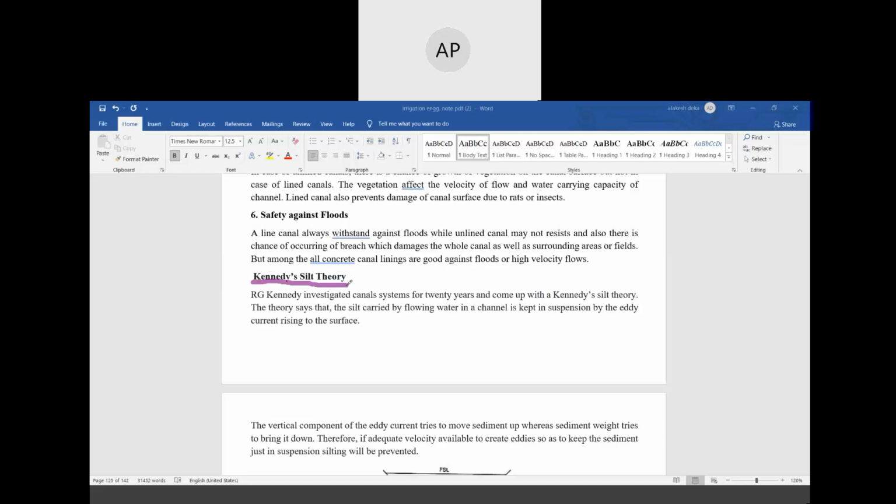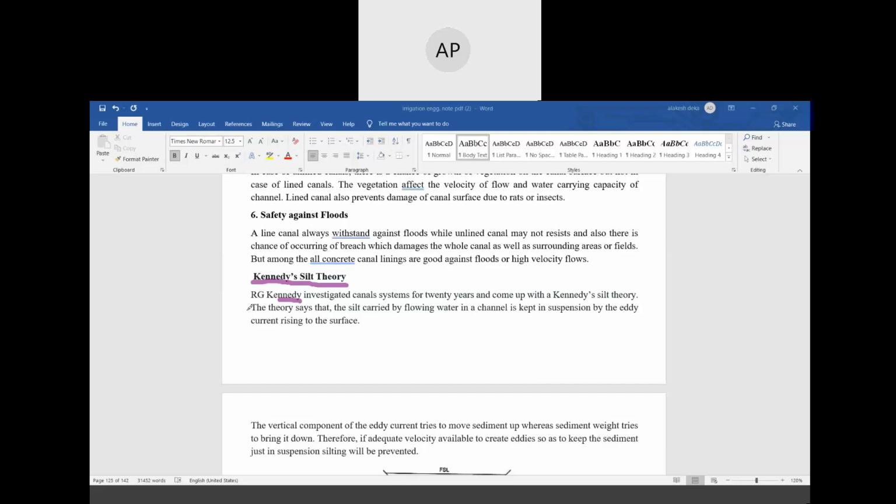According to what Kennedy investigated, he studied canal systems for 20 years and came up with the Kennedy silt theory.